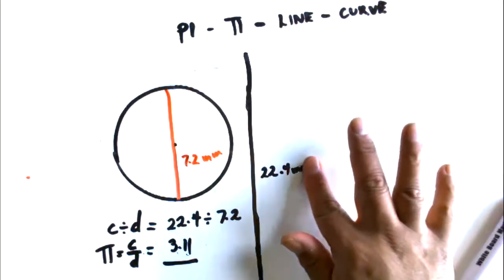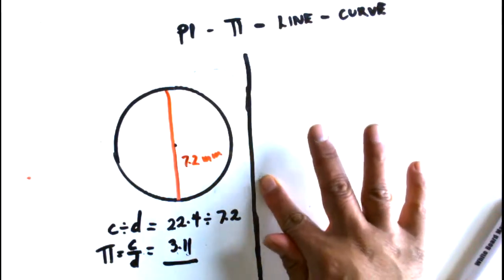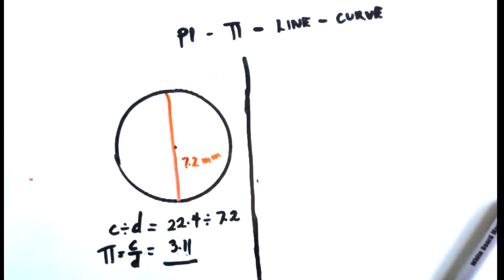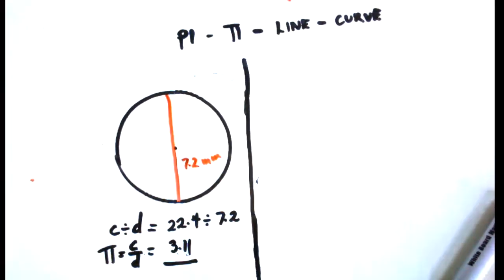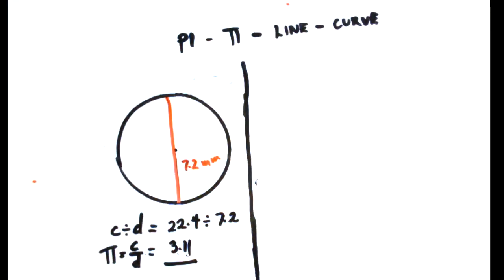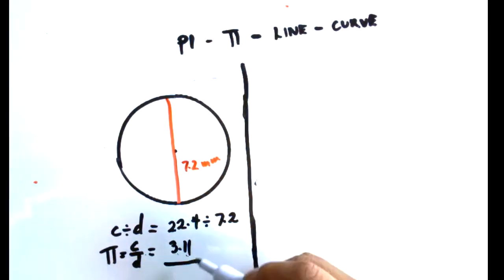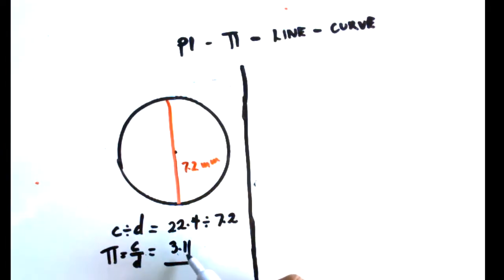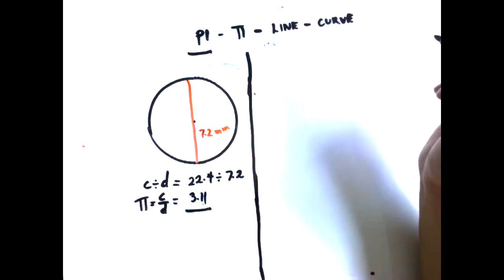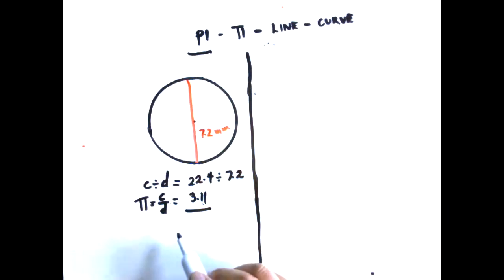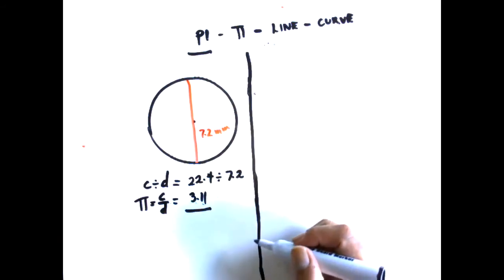And so this is where we go through the history of pi. So far, what we've done is calculate the value of this relationship, this pi. So before I go on to the history of the different values of pi, let's just do a quick exercise.